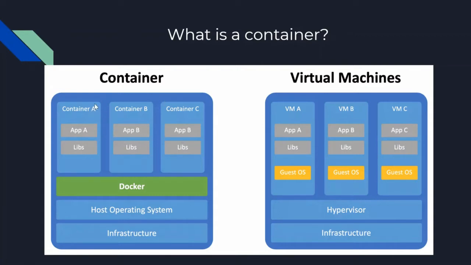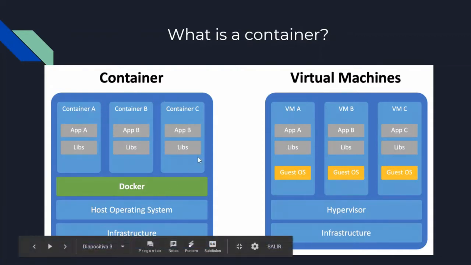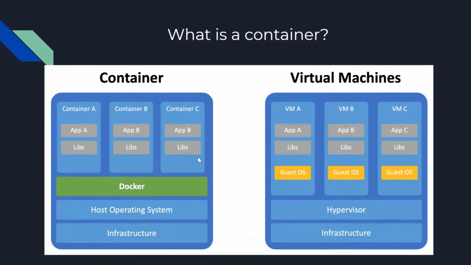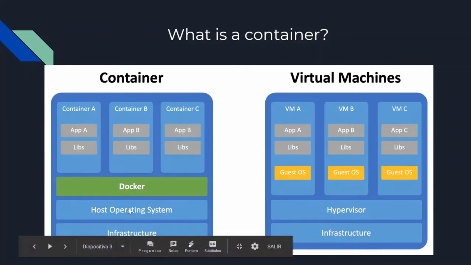Basically, as I told you, a container is a sandbox that contains processes, one process or more than one. In this layer, we've got an infrastructure layer, which could be where your application is deployed. Then we have the operating system, and we have Docker installed on the operating system.